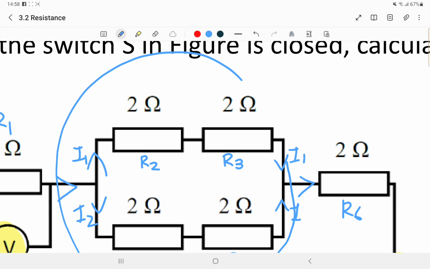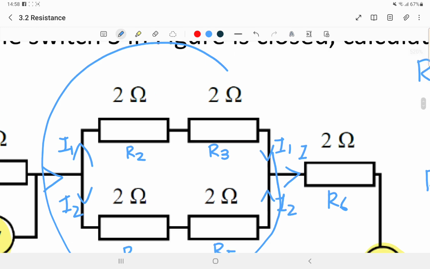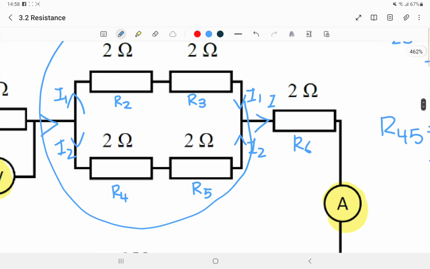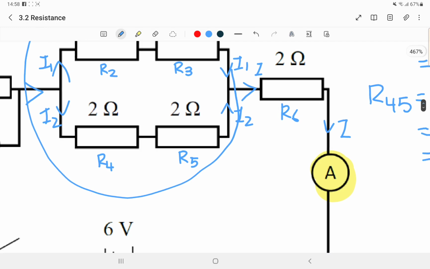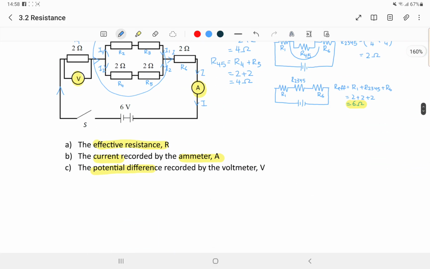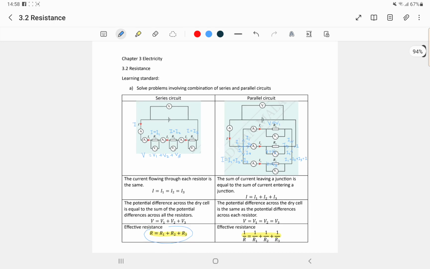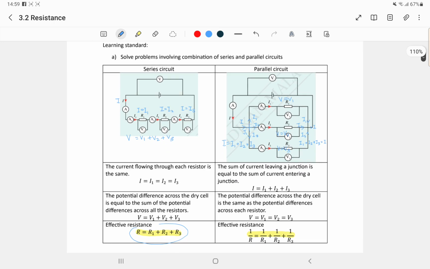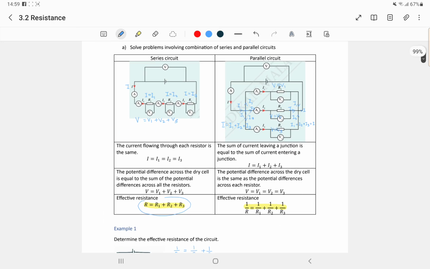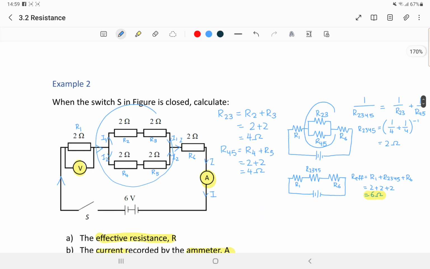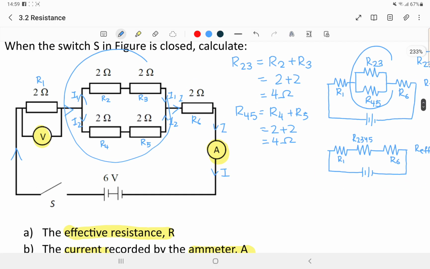So this will be the main current I. So we can use the characteristic for the series circuit for the current, which is I equals I1 equals I2 equals I3. So it means that the current flow is the same.